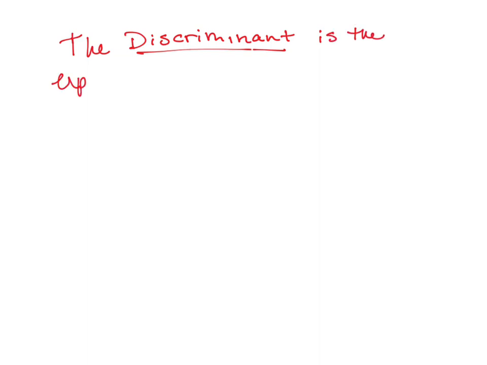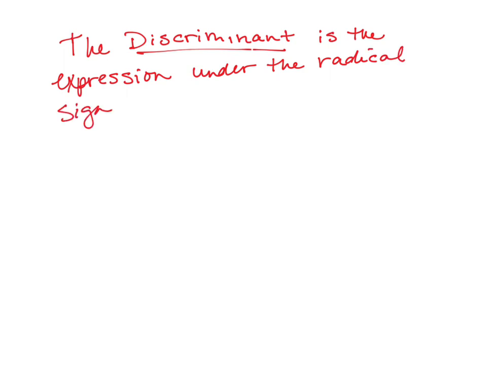The discriminant, this is how you spell it. The discriminant is the expression under the radical sign in the quadratic formula.